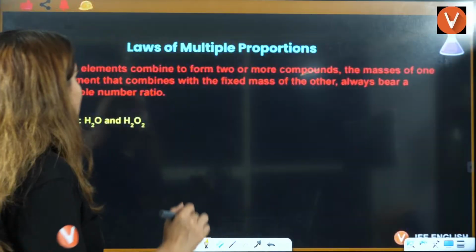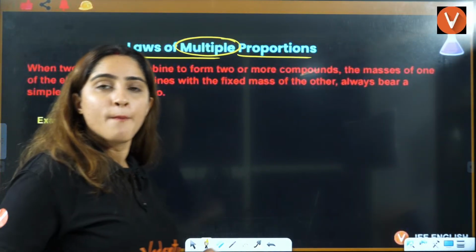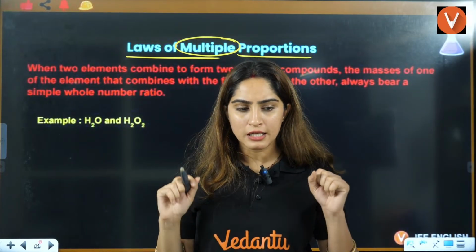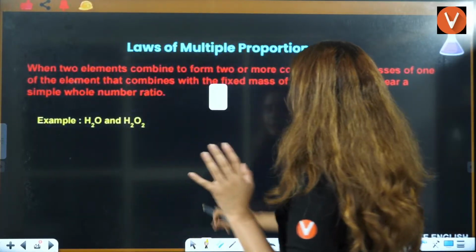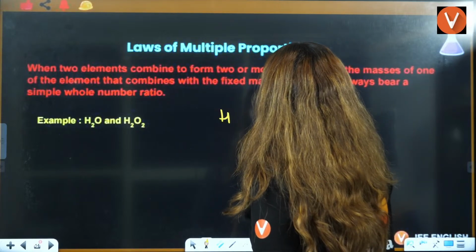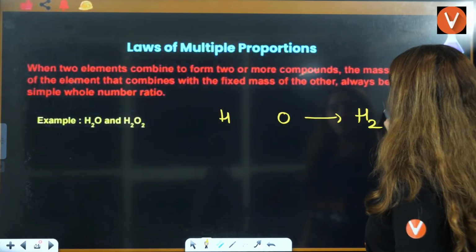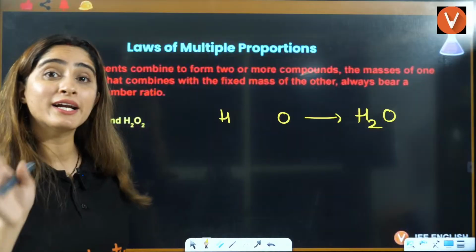Okay, so now we have law of multiple proportion, right? Multiple proportion, guys. Law of multiple proportion. Now, in simple language, I'll tell you what they mean. So we are saying that you have hydrogen and oxygen. If you're mixing this in the ratio of H2O, where you have 2 atoms of hydrogen and 1 atom of oxygen, you will get a different compound.